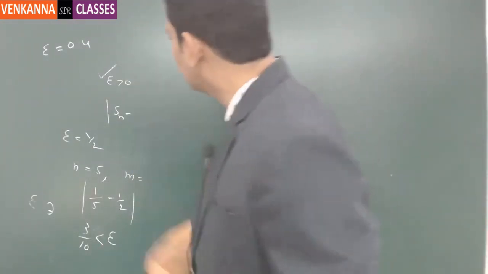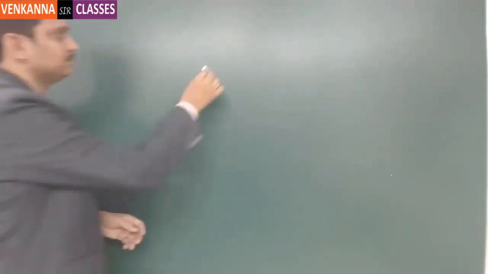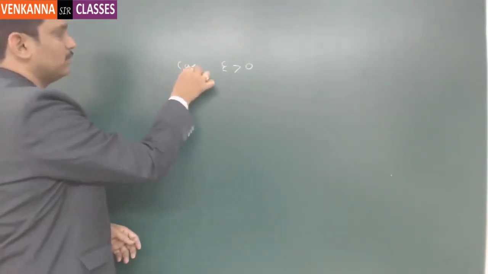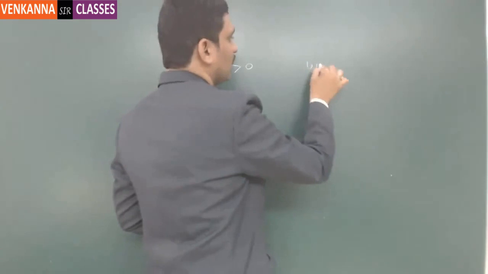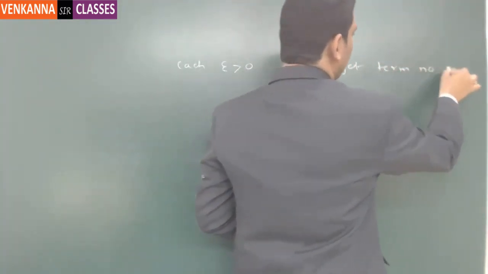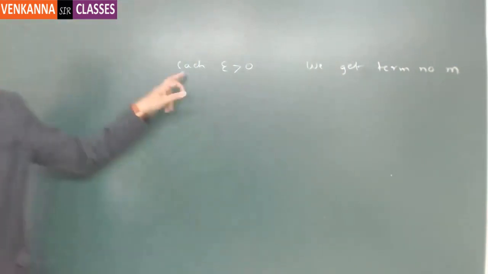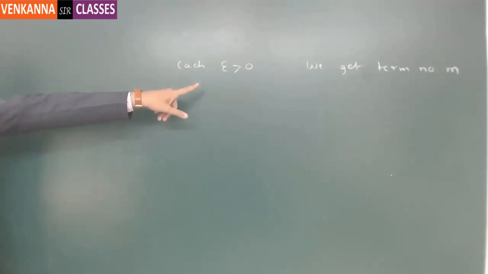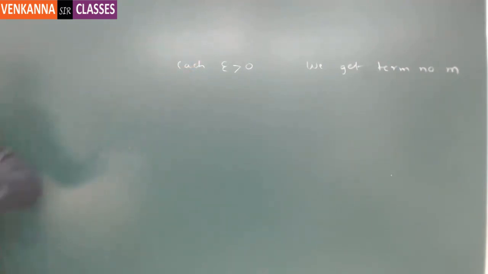That's why I have mentioned that you should get the idea of the limit definition of a sequence: for each epsilon greater than 0, we get a term number m.